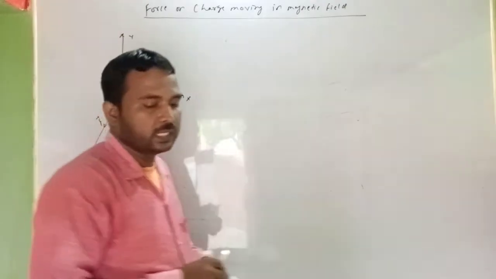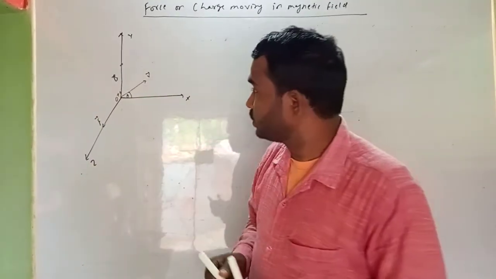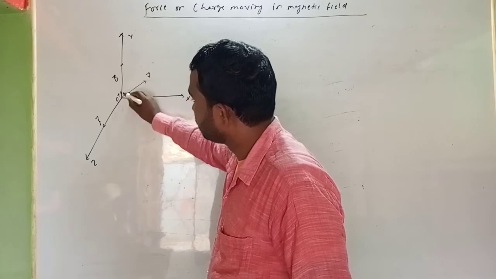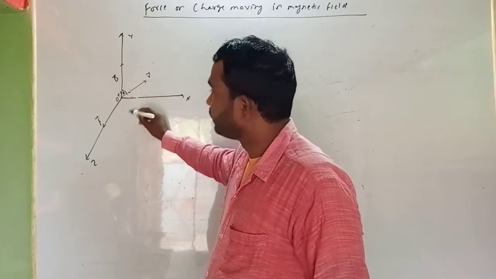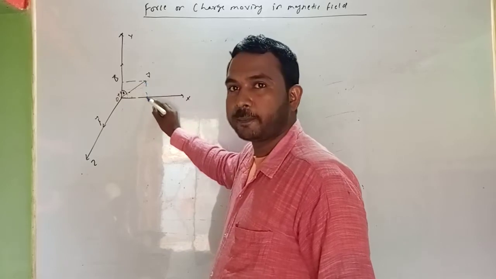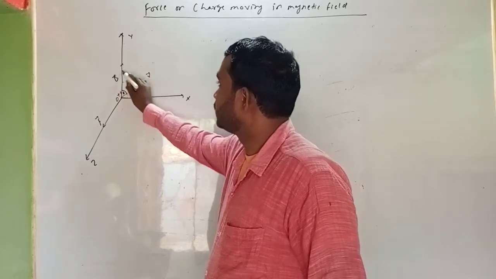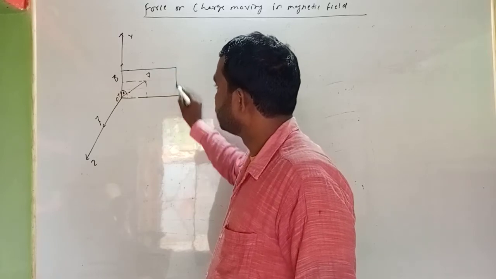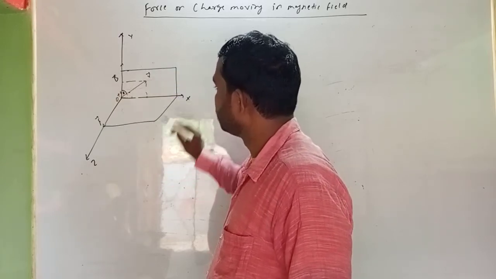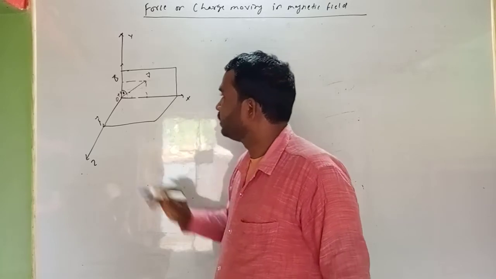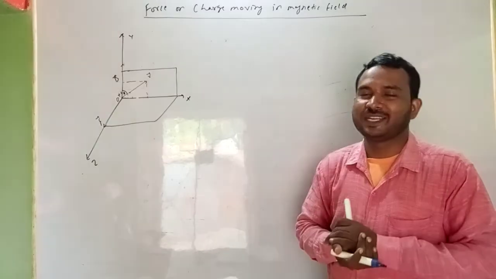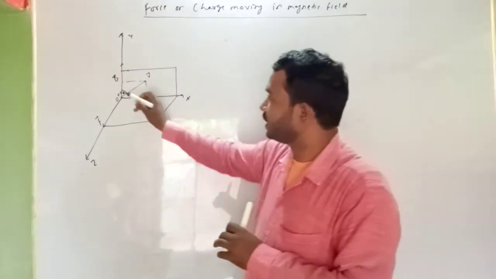In that case, you can take this as theta. You can join this one like that, and also join the axes here. So we have your coordinate frame, x-axis, y-axis and z-axis.